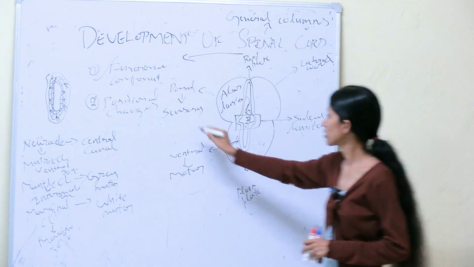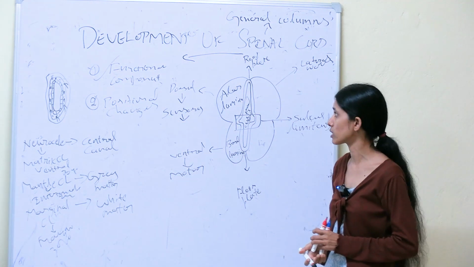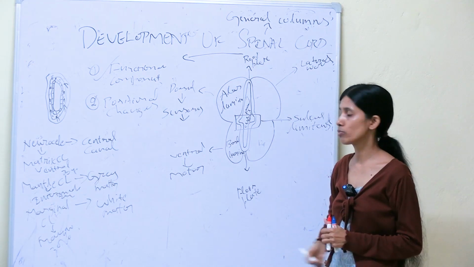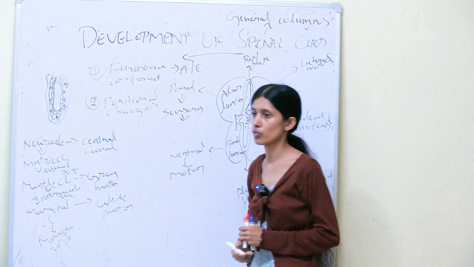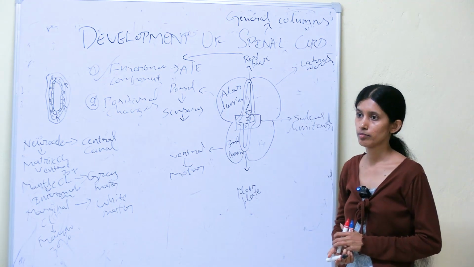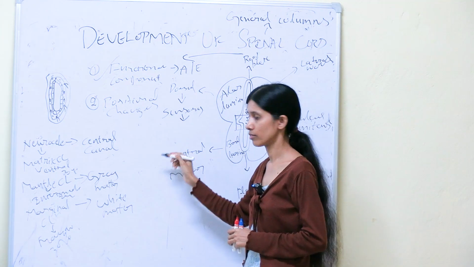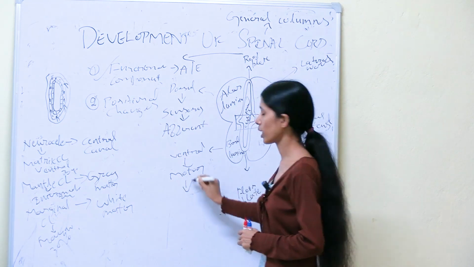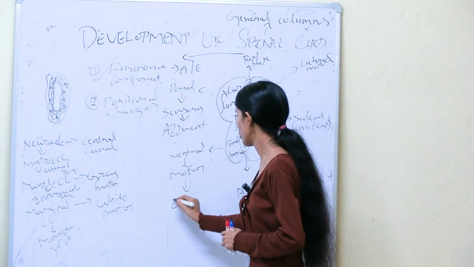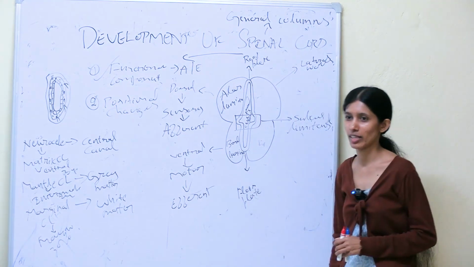So, in this part, if this is a sensory, what type of columns we can see here? Afferent columns or efferent columns? Afferent, okay. So, in the motor region we can see the efferent columns, fine.